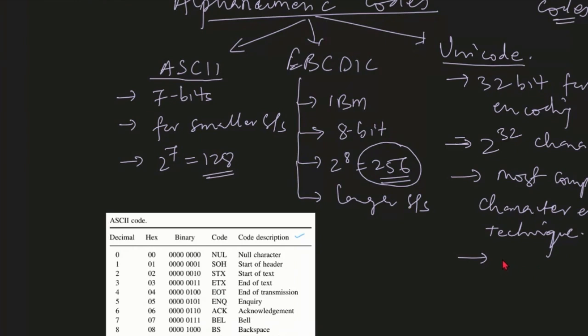We have different languages, and in English we have 26 alphabets. Similarly, in Hindi we have different alphabets. So it requires a large number of characters because different languages have different characters.